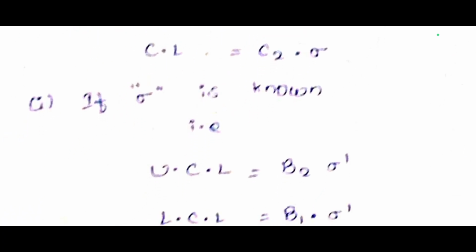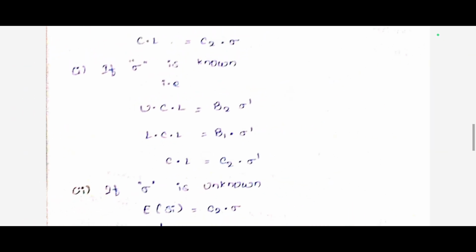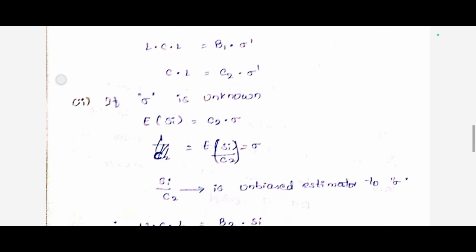Case 1: if sigma is known, then UCL equals B2 into sigma dash, LCL equals B1 into sigma dash, and CL equals C2 into sigma dash.